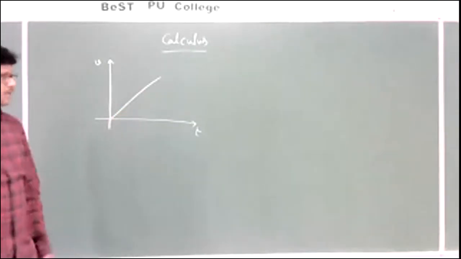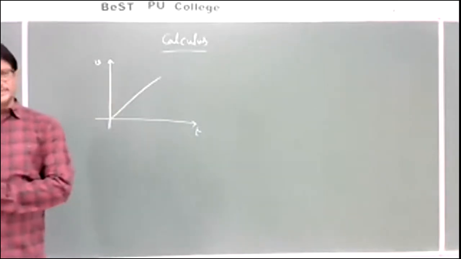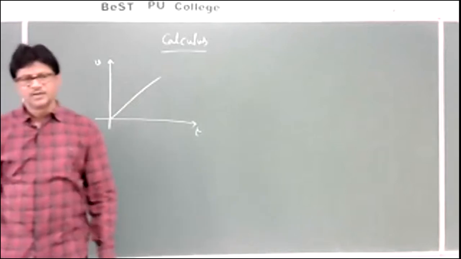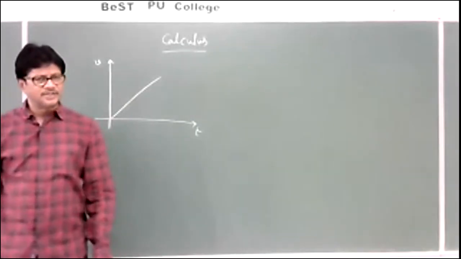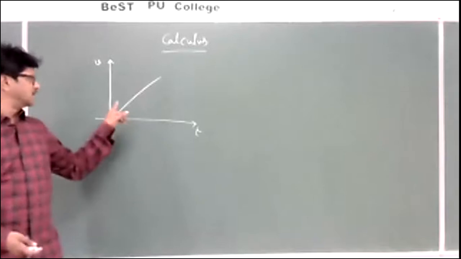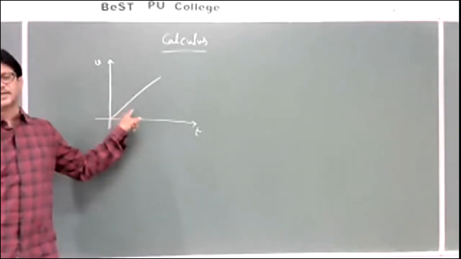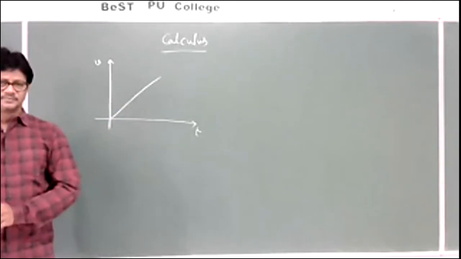Okay. Now I want to find out its acceleration. How will we find the acceleration? By finding the slope. By finding the slope, we are going to get the acceleration.